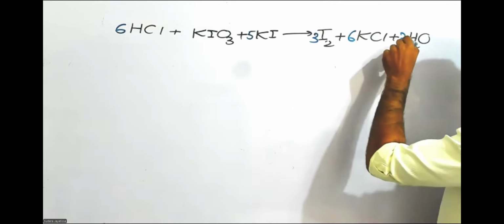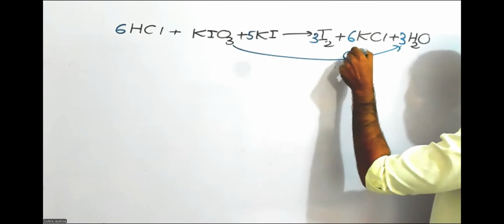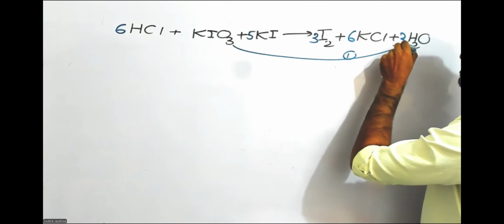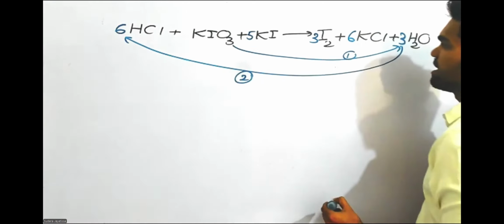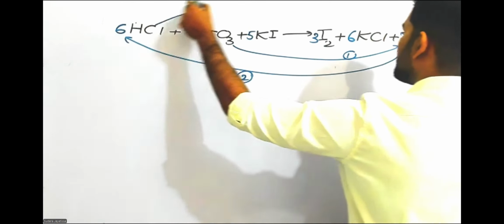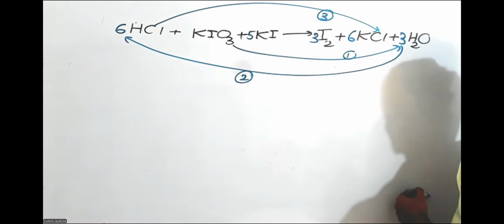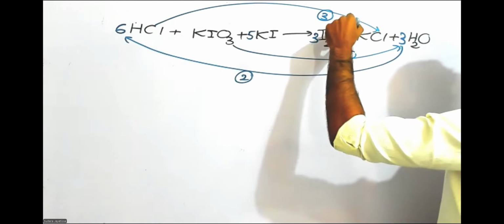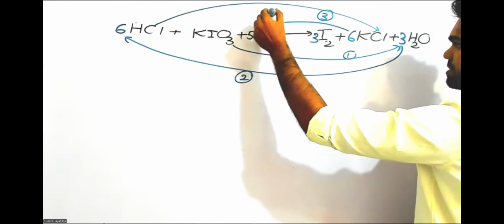Okay, so I'll show you the way we went: we started from here, the first one, and then we go to the 6 HCl, the second step. And then from this we put the Cl, and then from 6 K we went here, the fourth step.